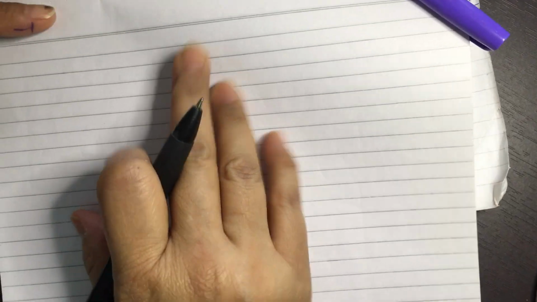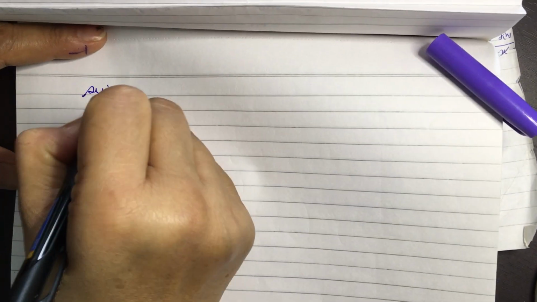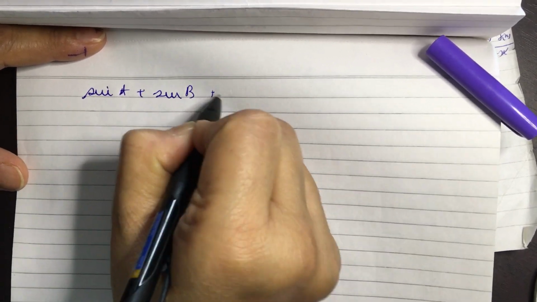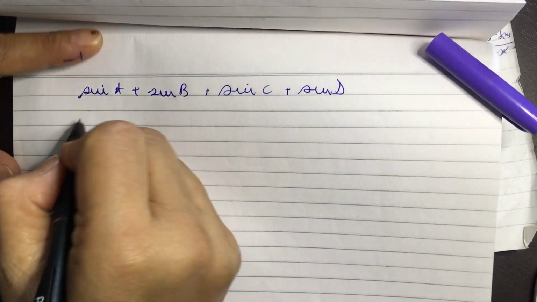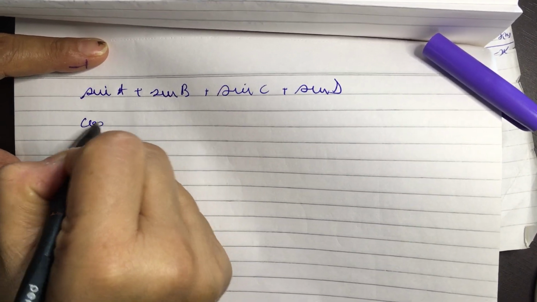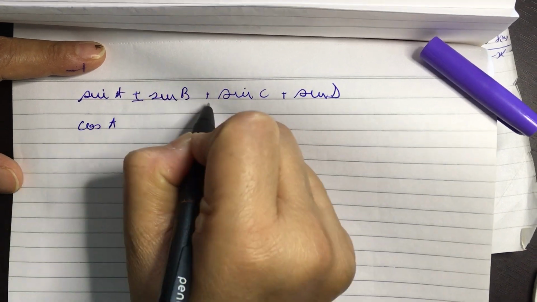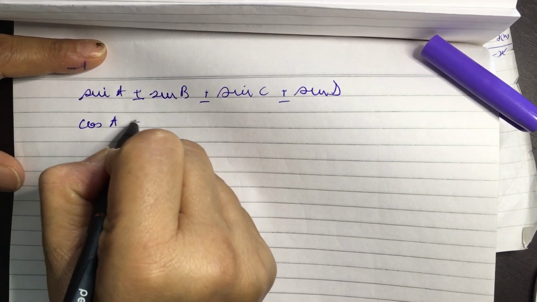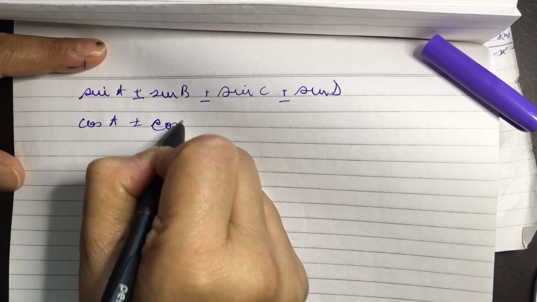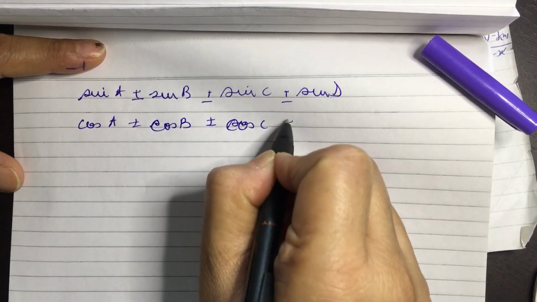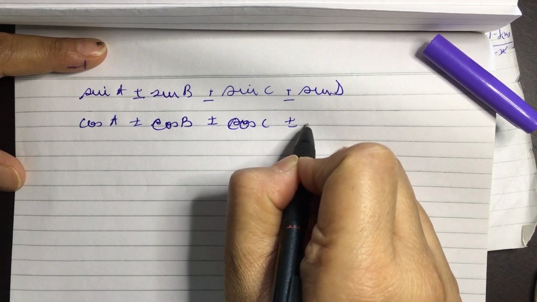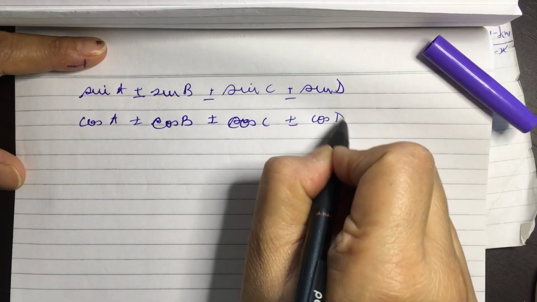Before taking 14, I'll just explain to you one thing, something very important. Whenever we have to do, suppose sine of A plus sine of B plus sine of C plus sine of D, or it may be the same thing holds with cos of A, and it could be plus or minus. So the procedure remains the same, whether it is plus or minus between so many sine or cosine functions.